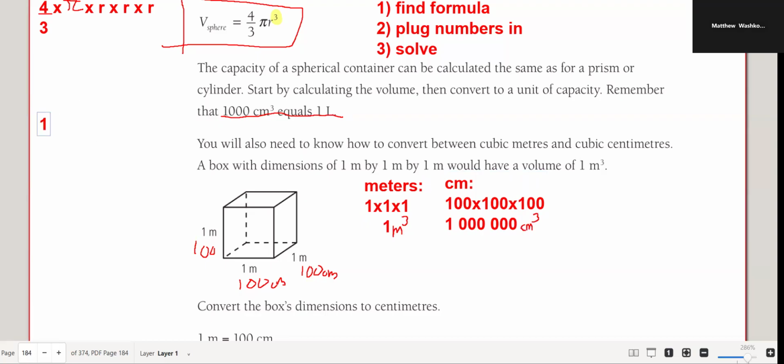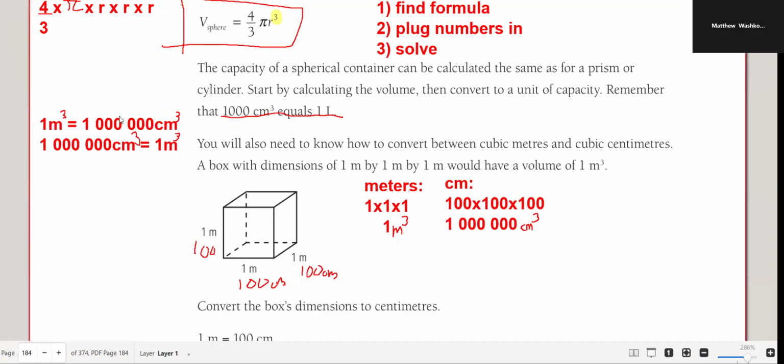So another thing to write down here: 1 cubic meter is equal to a million cubic centimeters, or a million cubic centimeters is equal to 1 cubic meter. Make sure you write that down because that's going to come into play in this unit. These are the same amount of space.